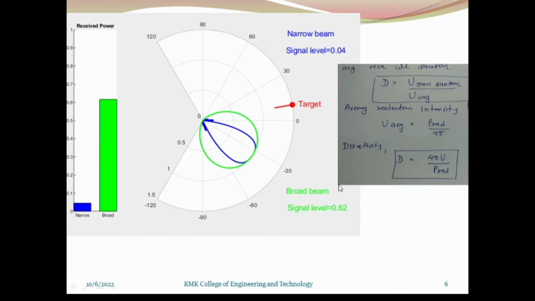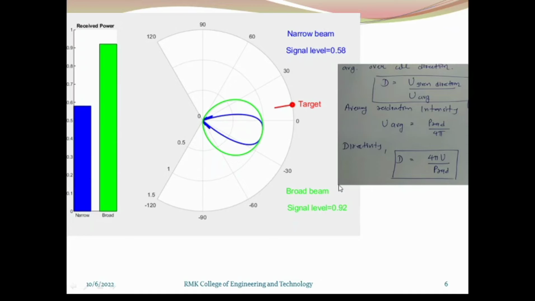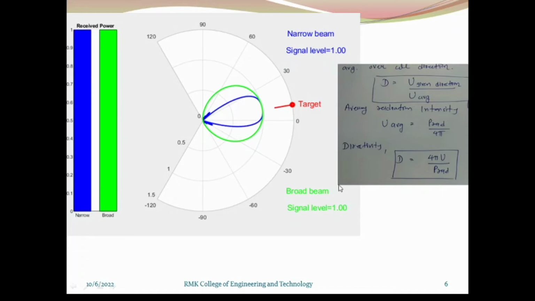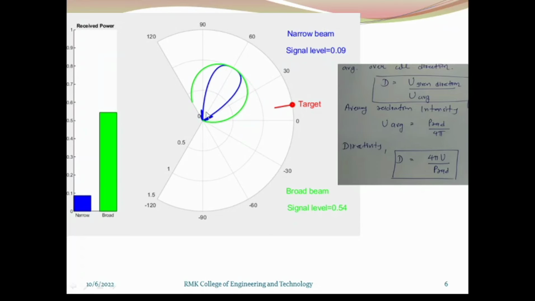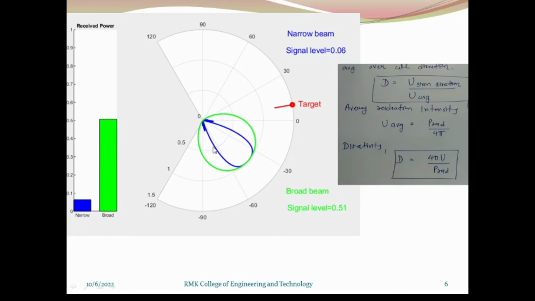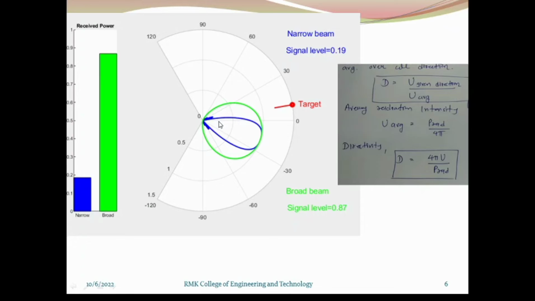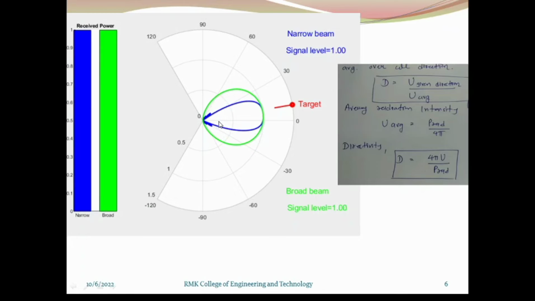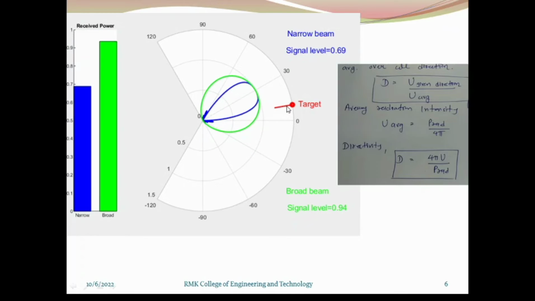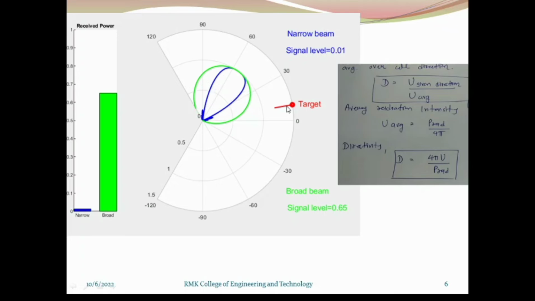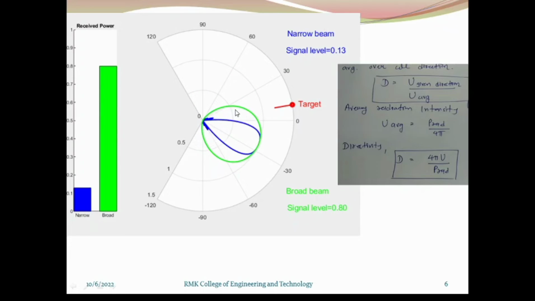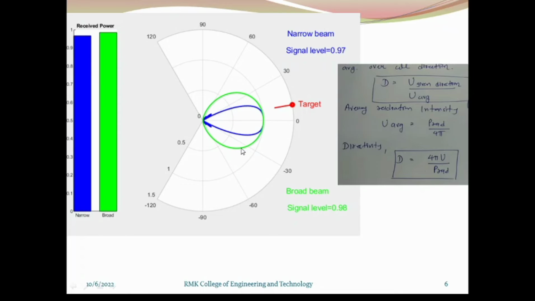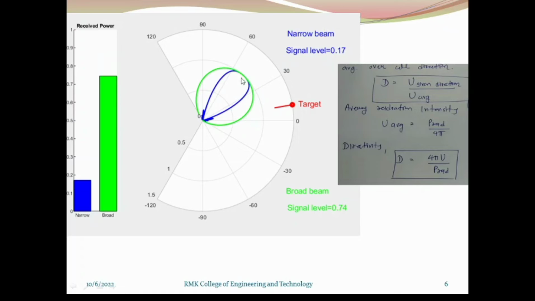The next animation shows two different beams. The green color beam is the broad or wide beam, whereas the blue color beam is the narrow beam. So suppose we want to transmit the signal or receive the information from this target, the green radiation pattern will receive it earlier than the blue, because the blue is very narrow.